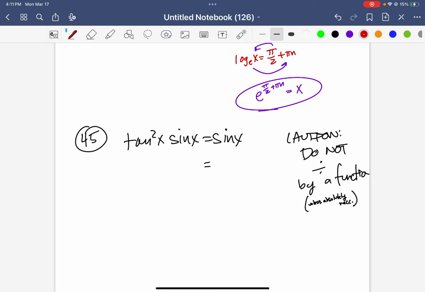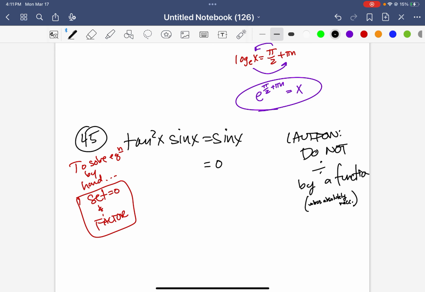We know that we like to solve equations by hand, set equal to 0, and factor. That was the biggest thing that we got out of this. So no matter the equation, trig or any equation, setting equal to 0 and factoring can oftentimes help you from making a silly mistake.